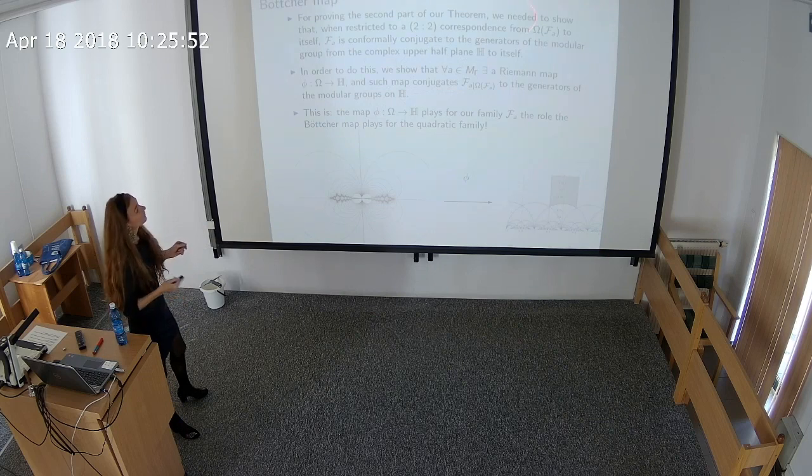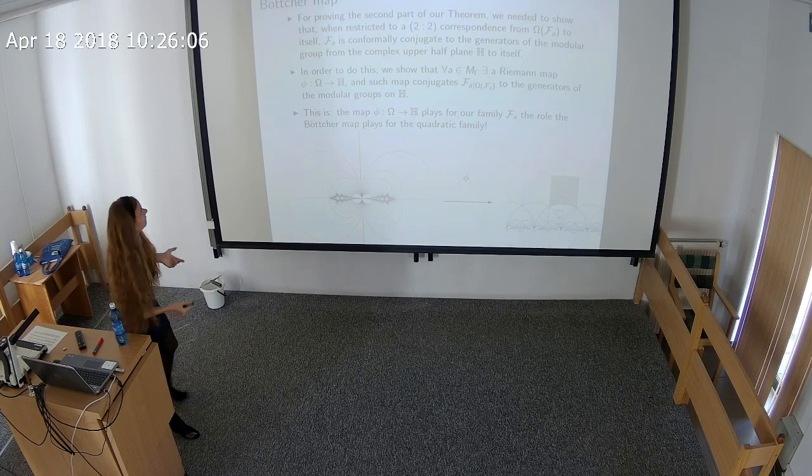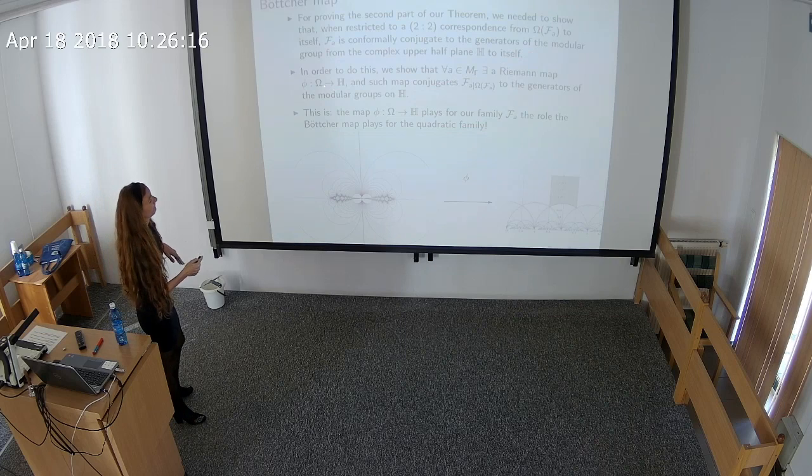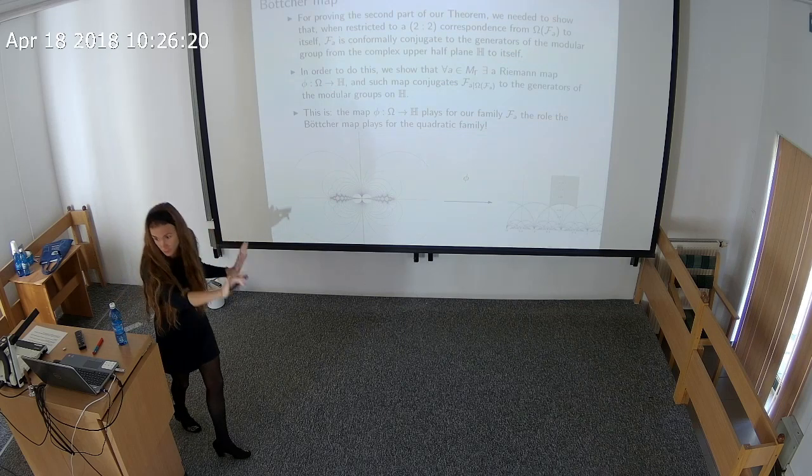So for proving this second part, we need to prove that restricted outside, your correspondence is conformally conjugate to the generators of the modular group on the upper half plane. What we show is that for every A in the connectedness locus there exists a Riemann map that sends this disk to a disk, so it can be the upper half plane. This is easy.